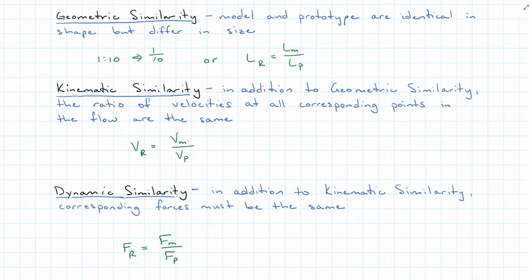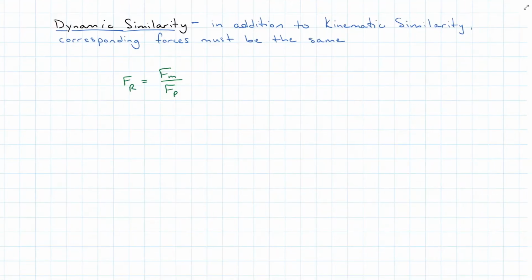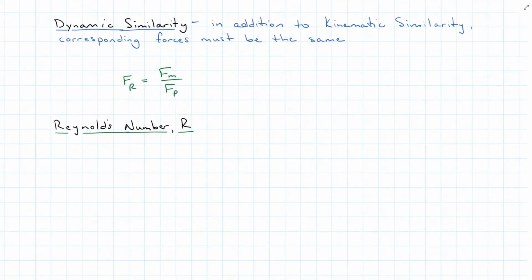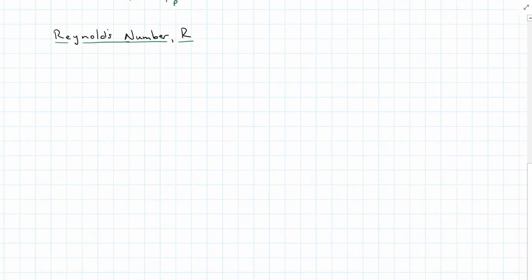Let's talk about some of the ways that these similarities can be compared using dimensionless variables, like Reynolds number, R. Reynolds number is usually used in conduit flow where gravity doesn't really matter because the conduit is full. Therefore, the significant forces influencing Reynolds number are inertia and viscosity.